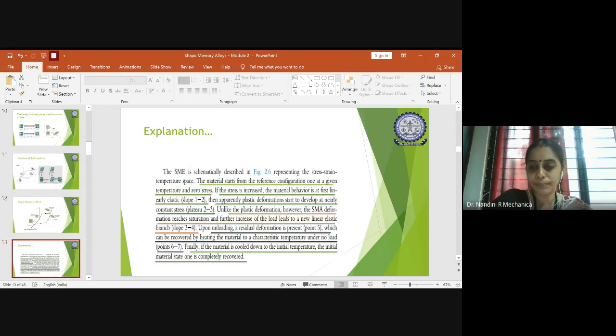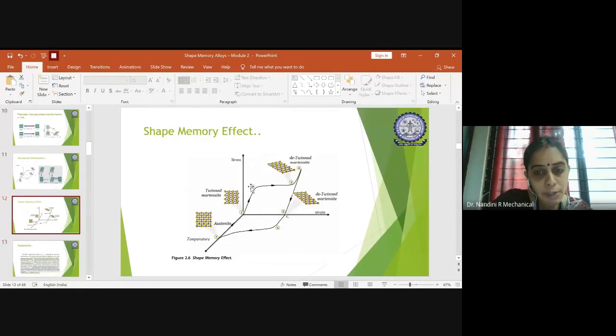So apparently the plastic deformation starts to develop at nearly constant stress. Here you will not be applying any heating. What you will do is, initially at the first position, you will subject it to some particular temperature heat treatment. So now the stress increases within the given shape memory alloy.